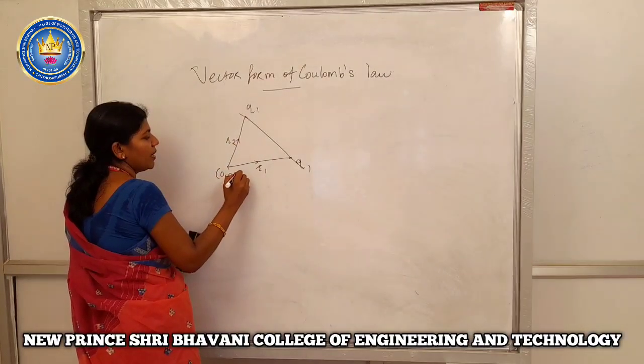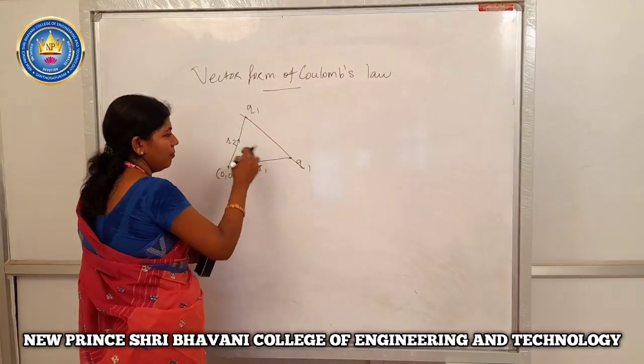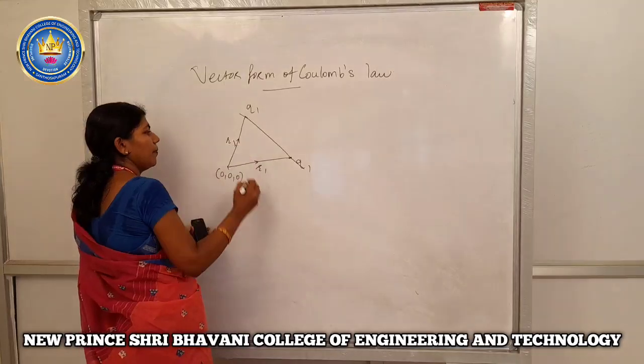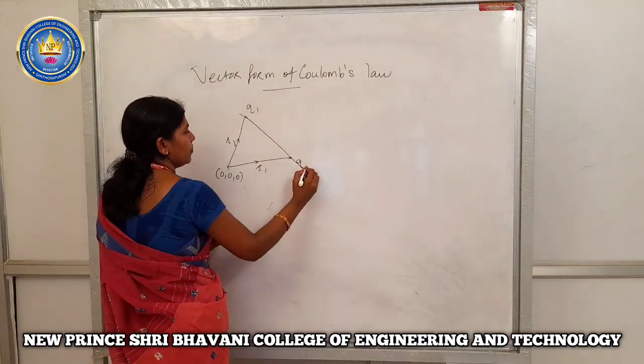Position vector means the distance between the origin and the charge Q1, this is r1, and this is r2.